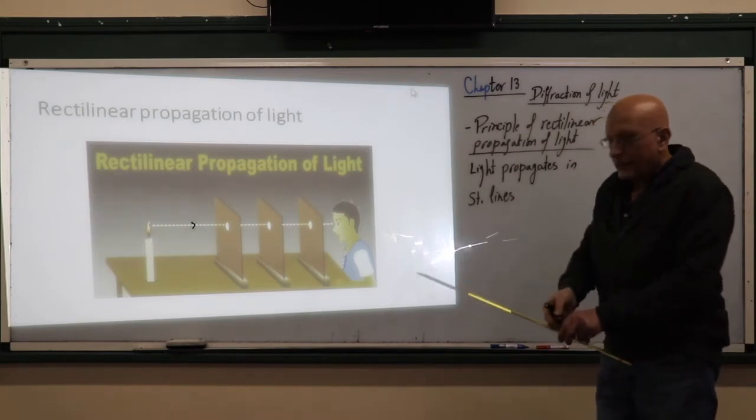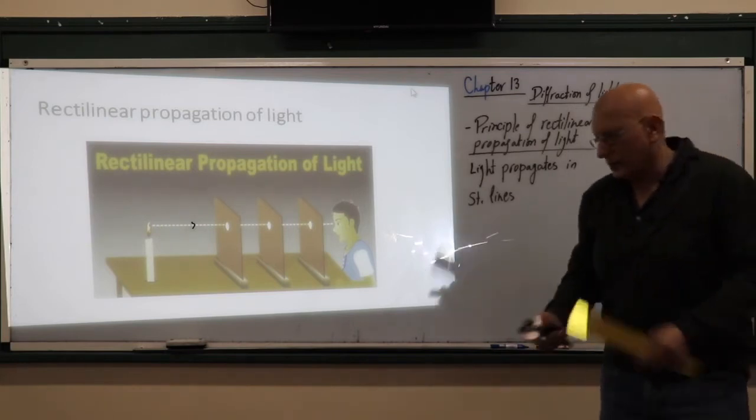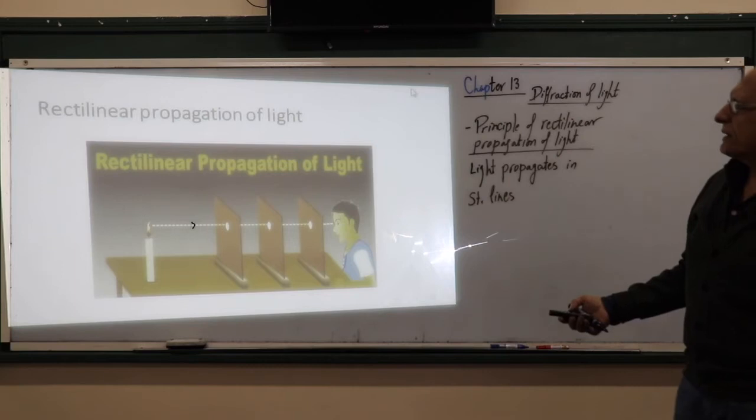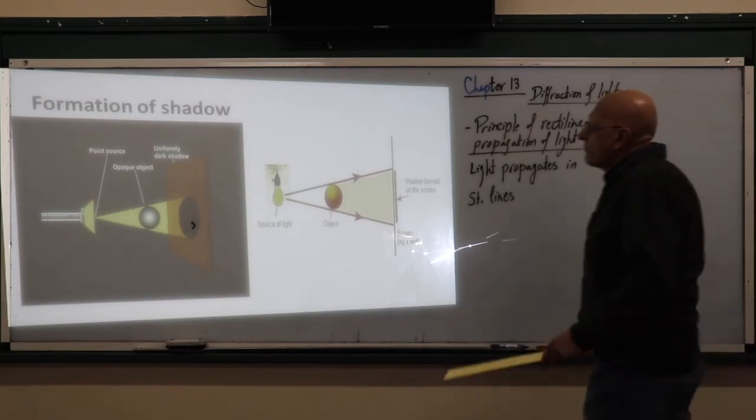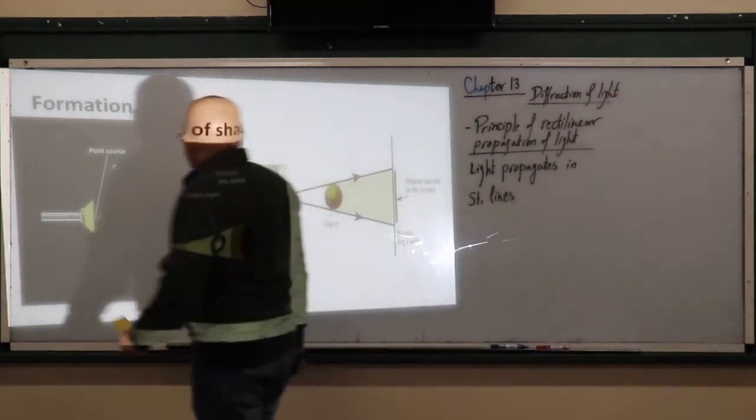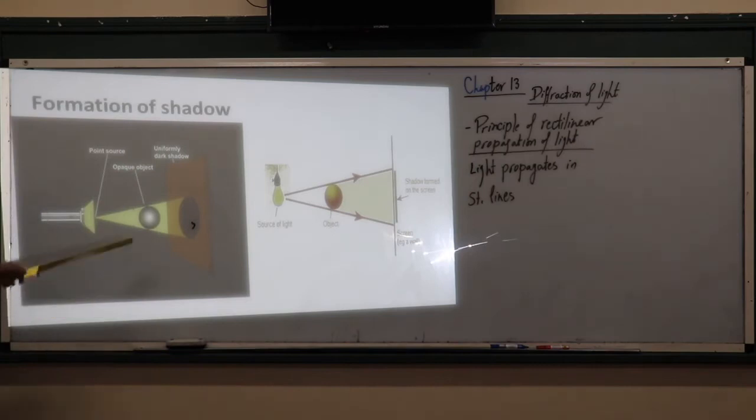Okay. Another proof of the principle of rectilinear propagation of light is the formation of shadow. As you see here, you have a sphere and you have a point source of light.